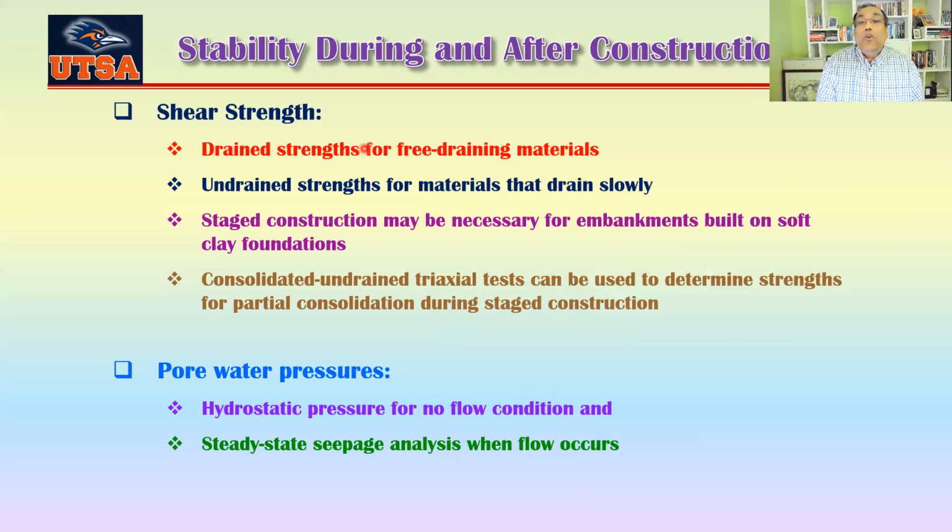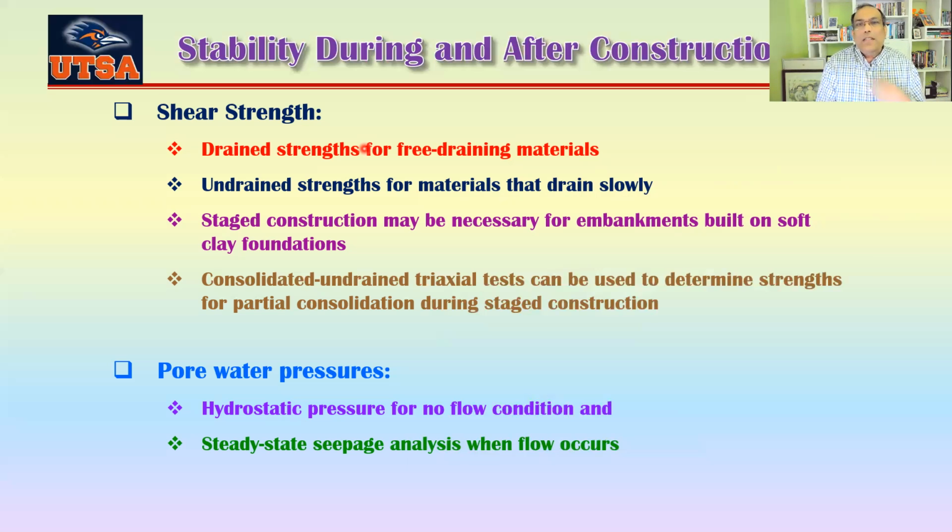Now, sometimes stage construction may be necessary for embankments built on soft clay foundation. So basically, you are trying to allow the soil in the foundation to consolidate, and the excess pore water pressure to dissipate before you start the next stage. Okay, so that's called stage construction. It means the first year you are doing, let's say, 4 feet. Next year you come there and do another 4 or 6 feet, and then another 4 or 6 feet.